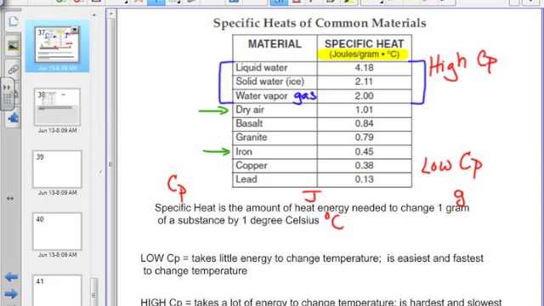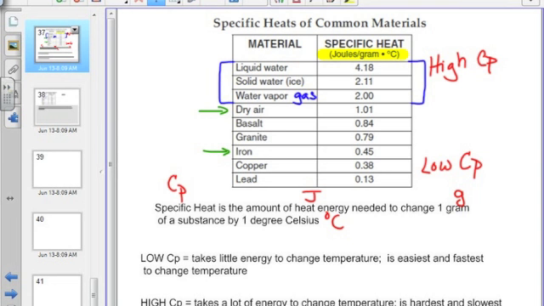That means it takes 4.18 joules of energy to change the temperature of 1 gram of liquid water by 1 degree Celsius. So when you have the high value for specific heat, it takes a lot of energy to change temperature, and it would therefore be the hardest to change temperature and would be the slowest to change.